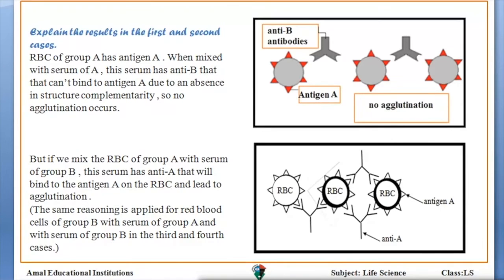The red blood cells of group B have antigen B. The serum of group A has anti-B. So the anti-B will bind to the antigen B on the red blood cell, leading to agglutination. In the last case, the serum from group B has anti-A. So the anti-A in the serum will not bind to the antigen B on the red blood cell and no agglutination happens.